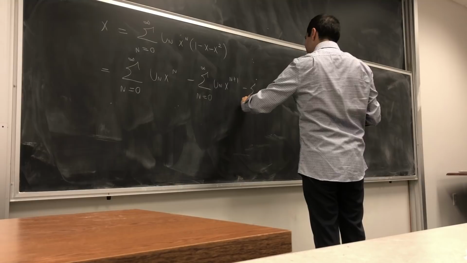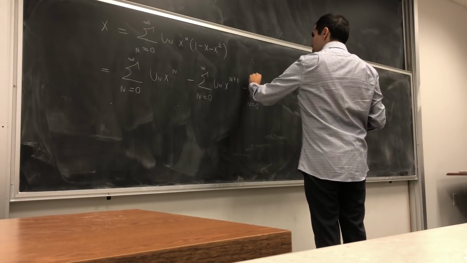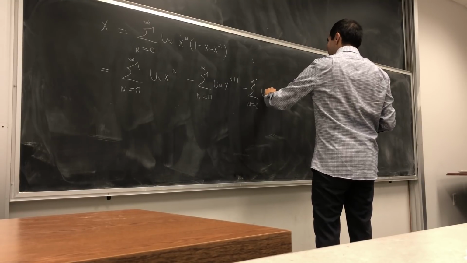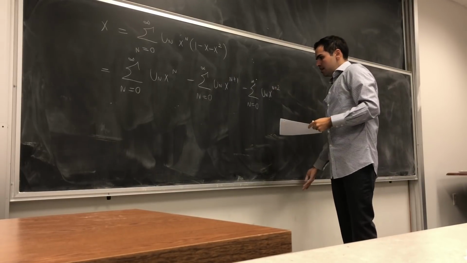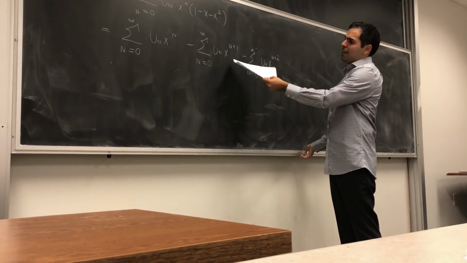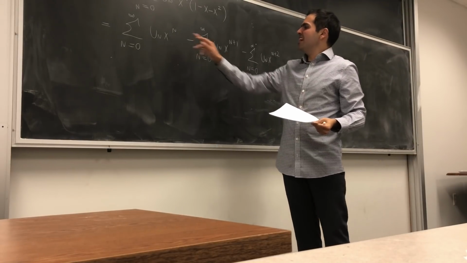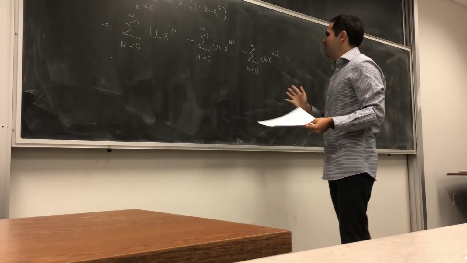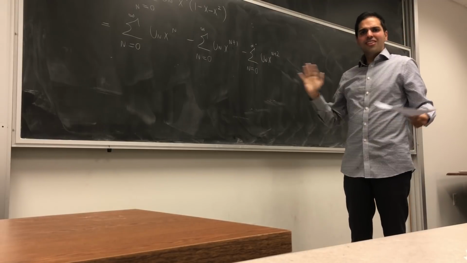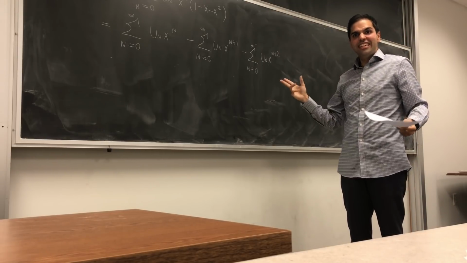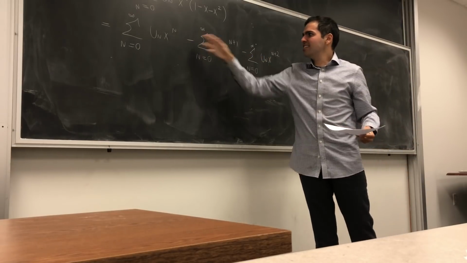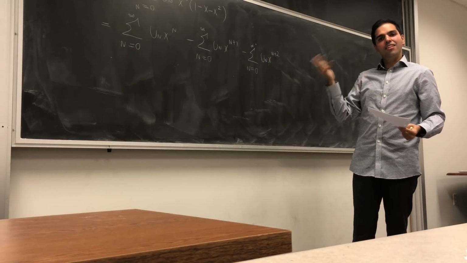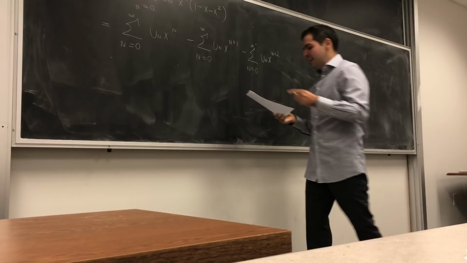So minus sum from 0 to infinity u_n x^{n+2}. And well, notice we have x^{n+1}, x^{n+2}. Those things cannot really agree, but let's write those sums such that we have x^n on each side. Because then we can factor stuff out.